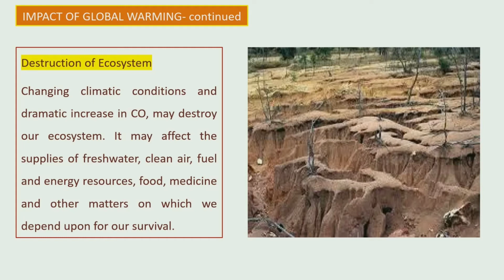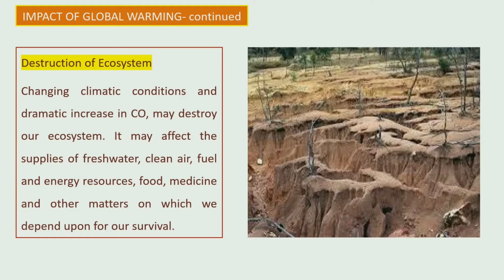Fifth point is destruction of ecosystem. If the global temperature is rising day by day, obviously the ecosystem will be destroyed and there will be no life survival. So there is another risk. Changing climatic conditions and a dramatic increase in carbon dioxide may destroy the ecosystem.